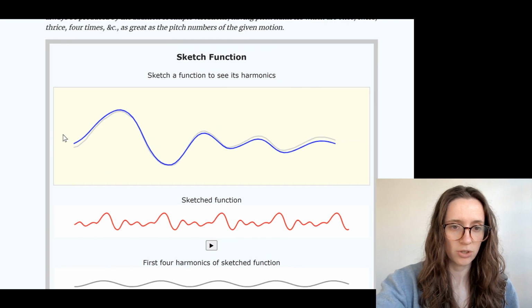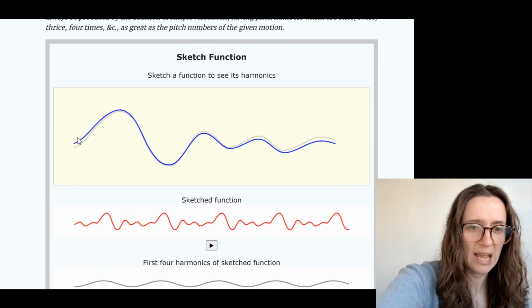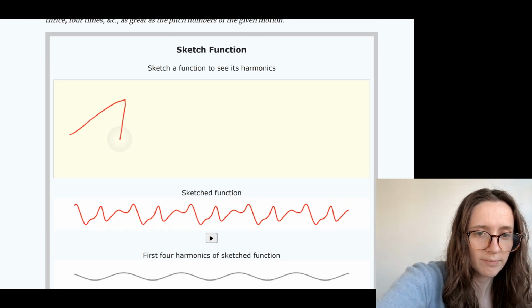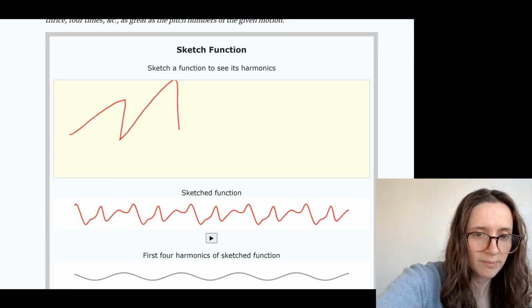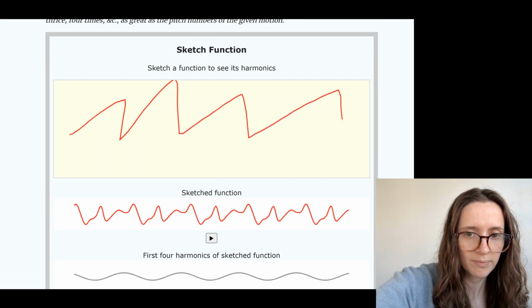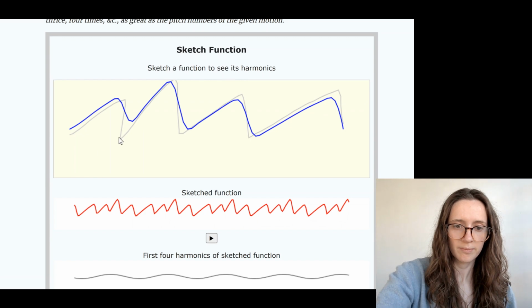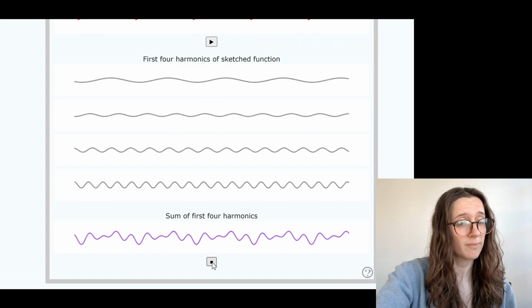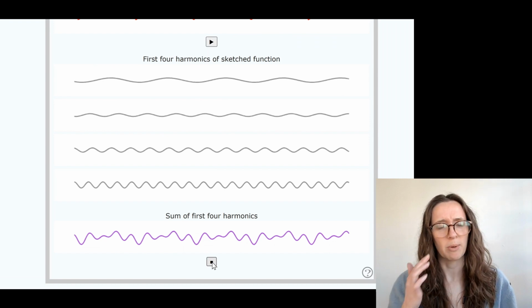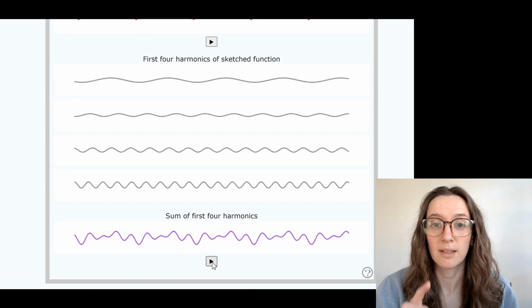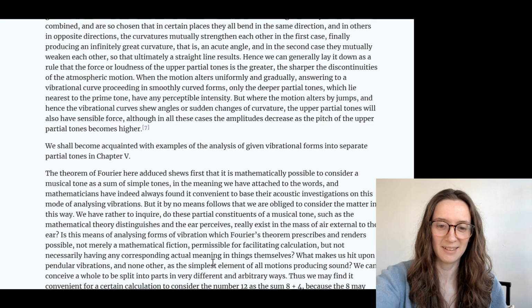Now let's sketch a more angular function. Yeah, I do hear more of the upper partials. Or maybe it's confirmation bias. Let me know what you think in the comments.